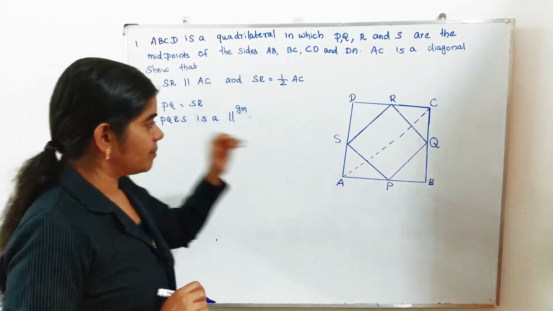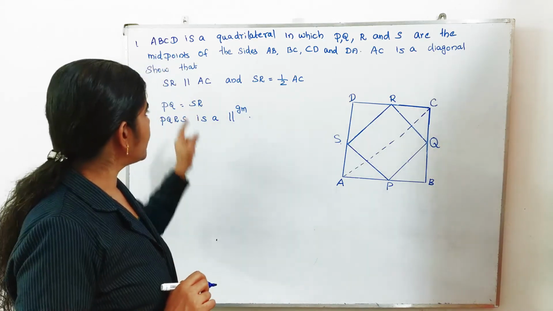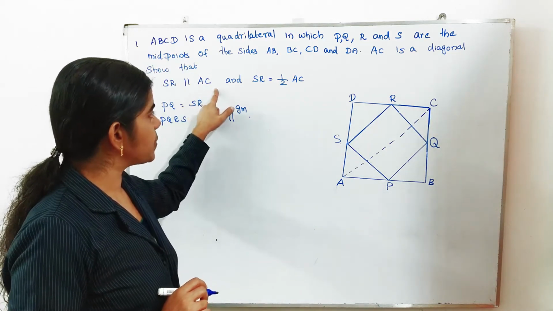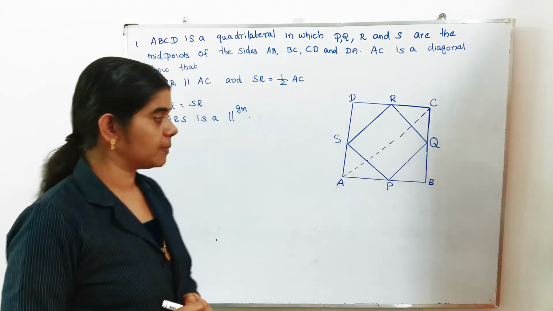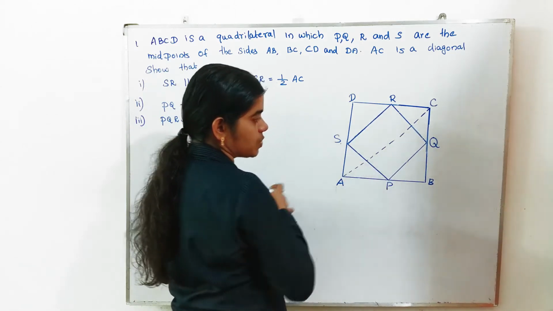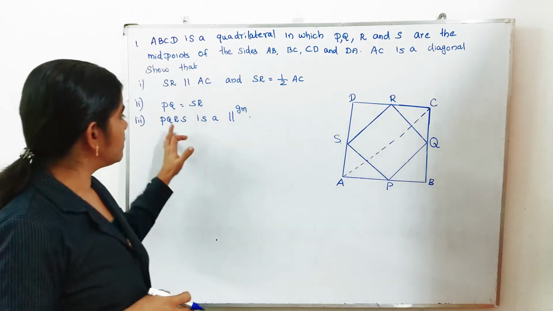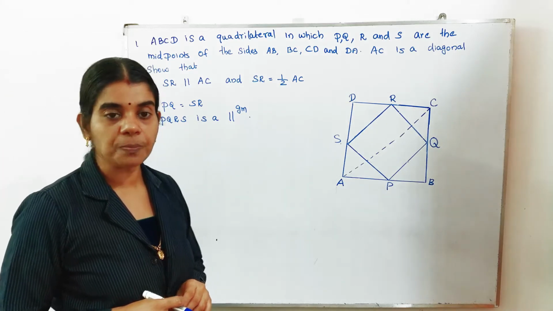AC is a diagonal. We are joining one diagonal also. You want to prove that SR is parallel to AC and SR is equal to half AC. That is the first question. We are joining PQRS and we want to show that PQRS is a parallelogram. That also you want to prove.